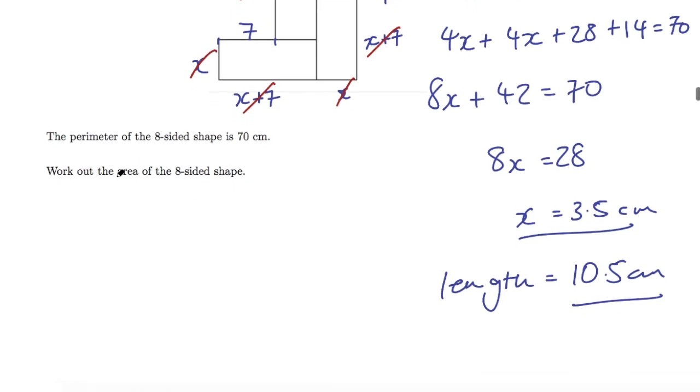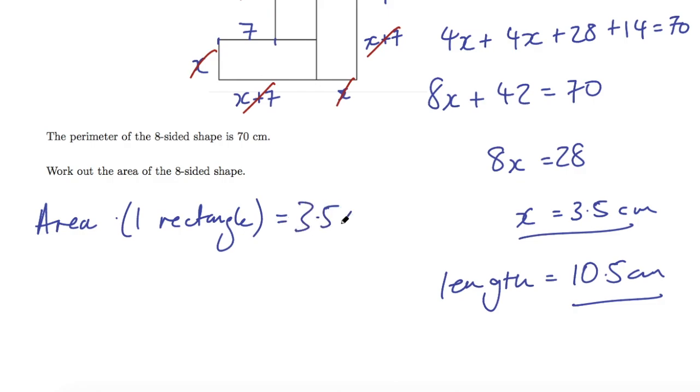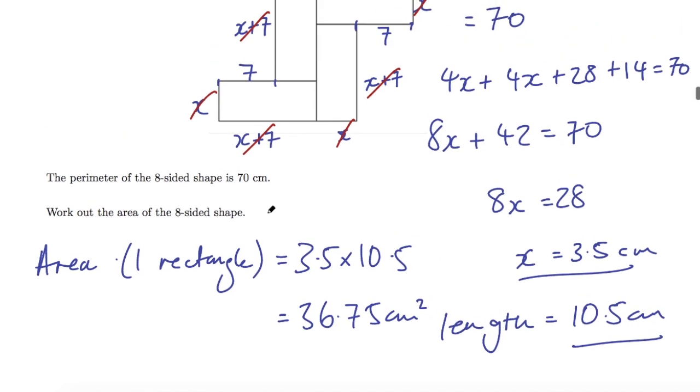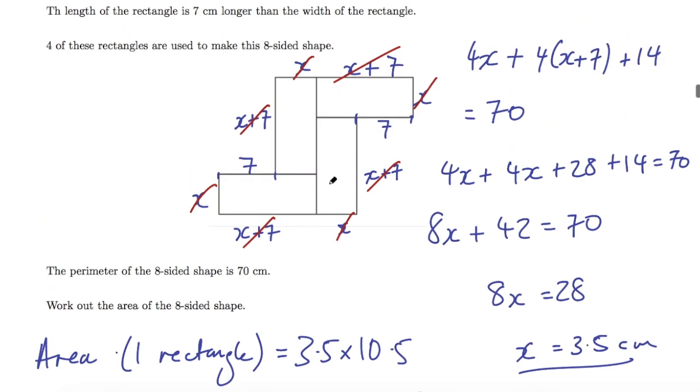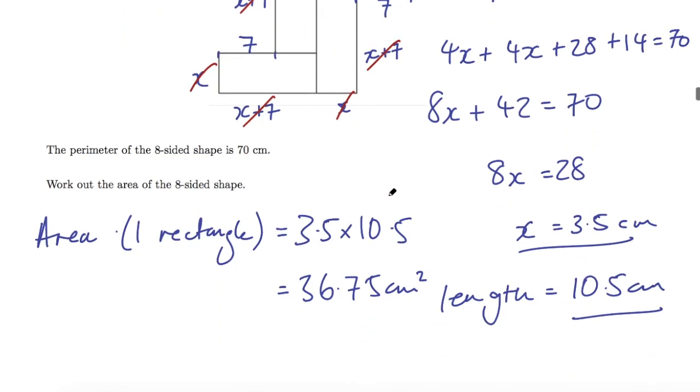And now I can work out the area of one rectangle. The area of one rectangle, if I multiply the length times the width, 3.5 times 10.5, that will give me 36.75 centimeters squared. And now what they want is the area of the 8-sided shape. So in this 8-sided shape, I've got 1, 2, 3, 4 rectangles.